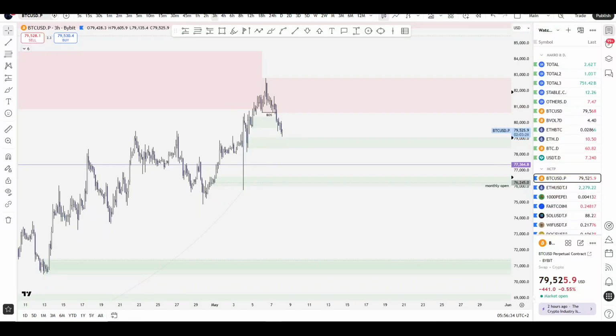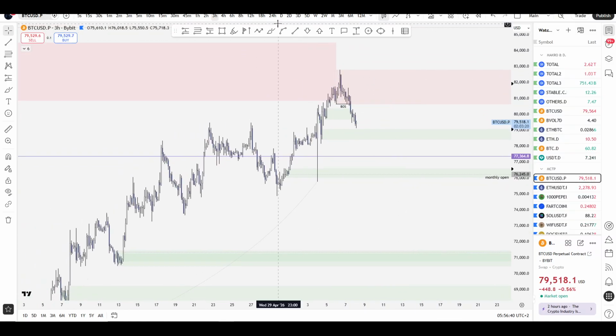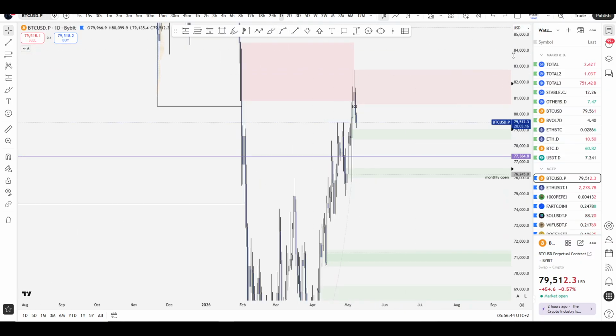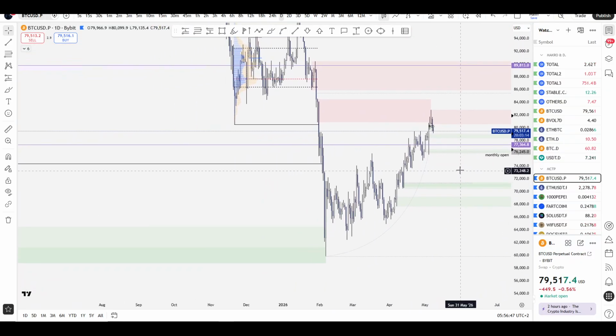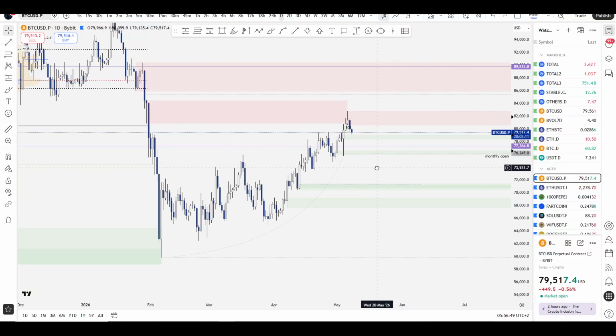In today's market update, I want to elaborate on the current price action. My last update was like 2 days ago, I think, and very interesting price action happened since then.